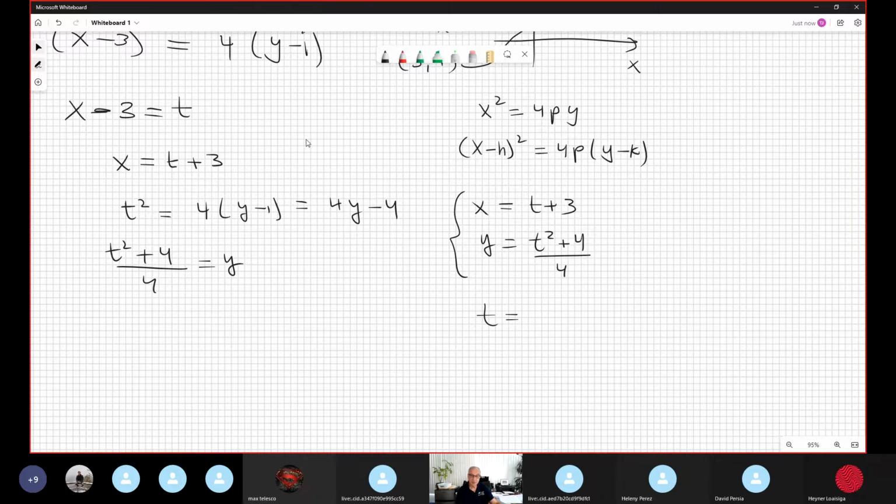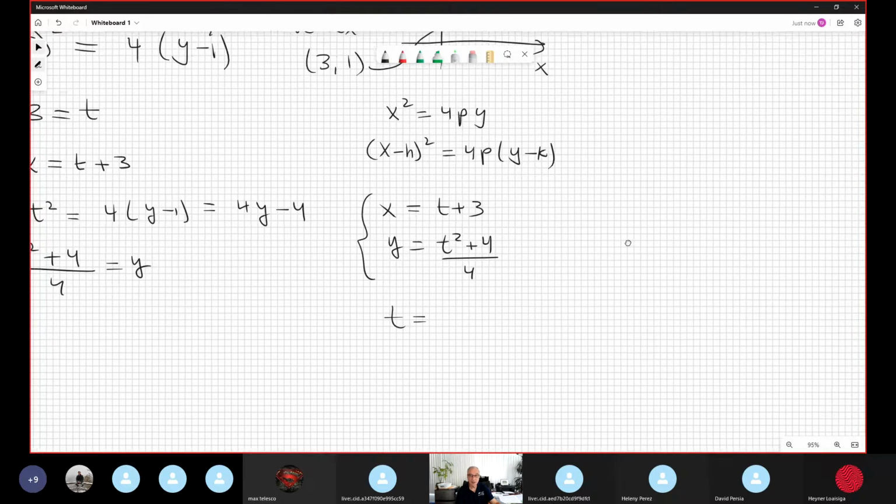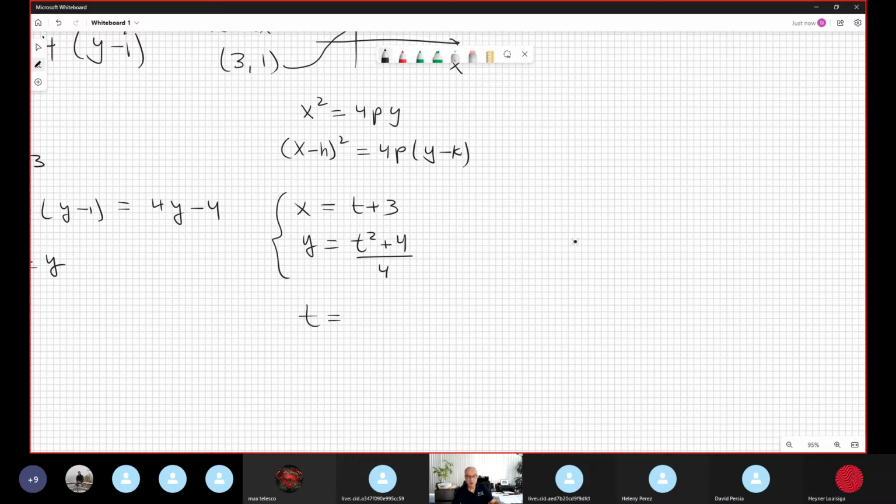But before I analyze that, I like to write a vector valued function. A vector valued function has two components because it's two dimensional. The first one is t plus 3, and the second is (t squared plus 4) over 4. And this is the parabola. And it's obvious that t goes from negative infinity to positive infinity.